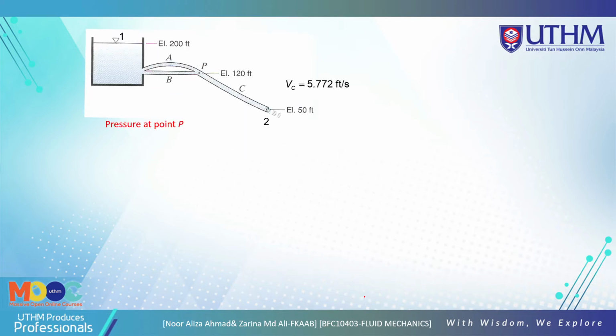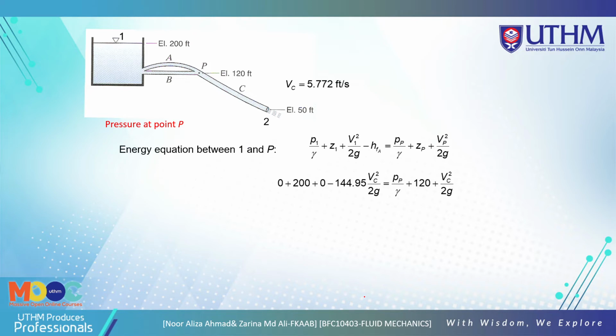Now to get the pressure at point P, after you get settled using the energy equation, use the formula that you found. Pressure at point P is at the interconnection here. So to get the pressure at point P, you must use the energy equation between 1 to P here.